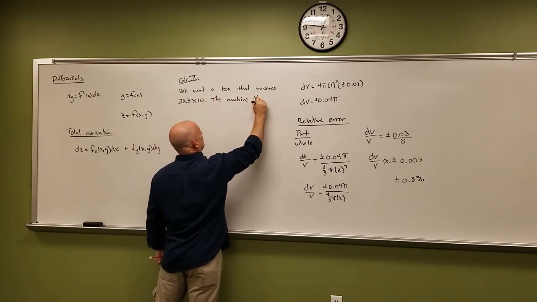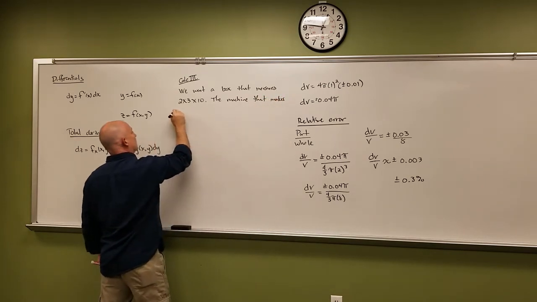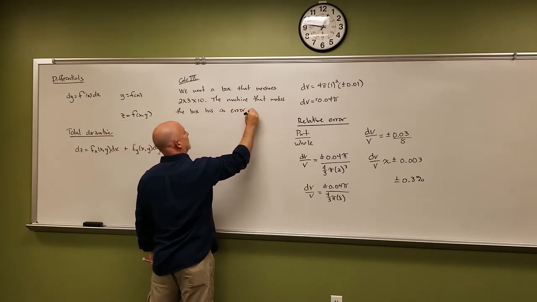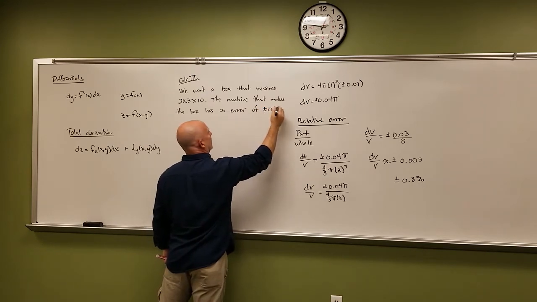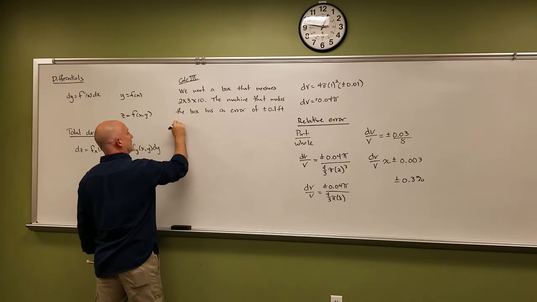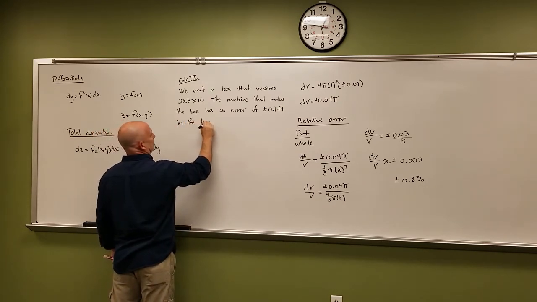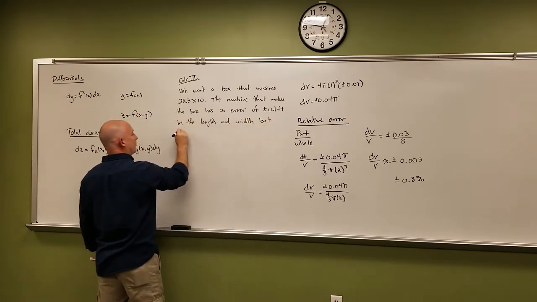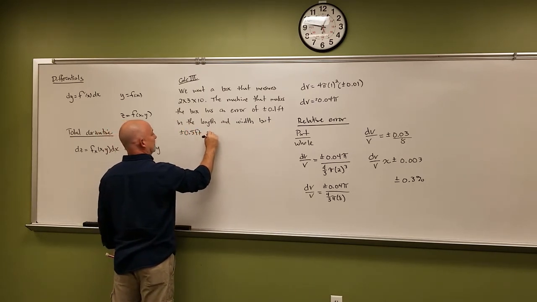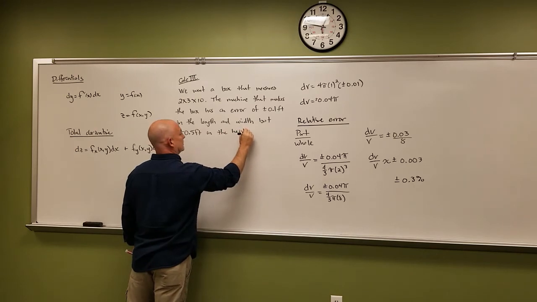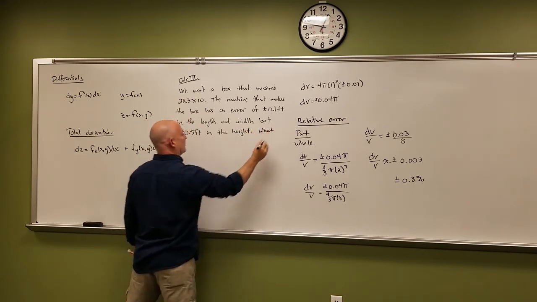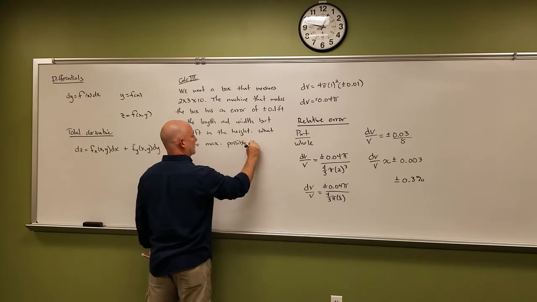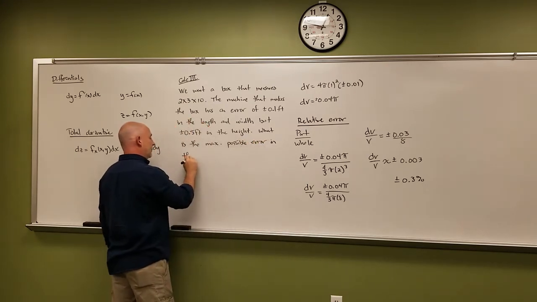The machine that makes the box has an error of, let's say, plus or minus 0.1 foot in the length and width, but plus or minus 0.5 feet in the height. What is the final volume?